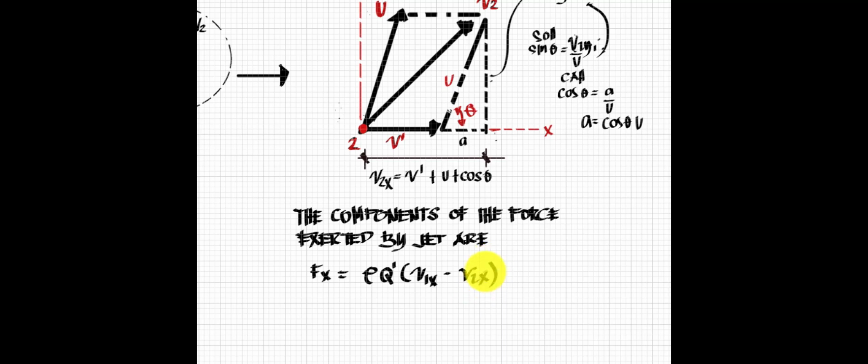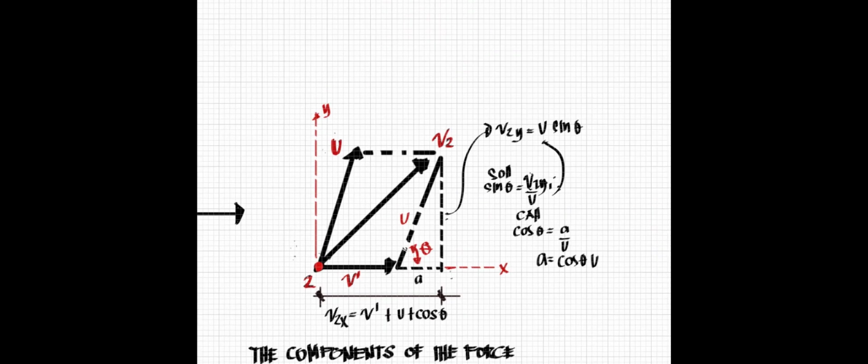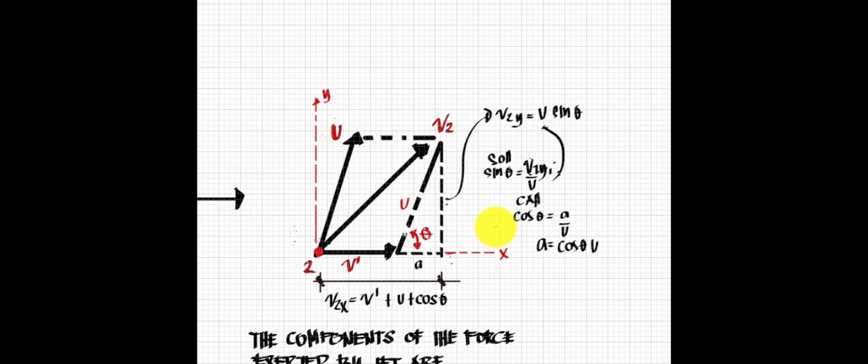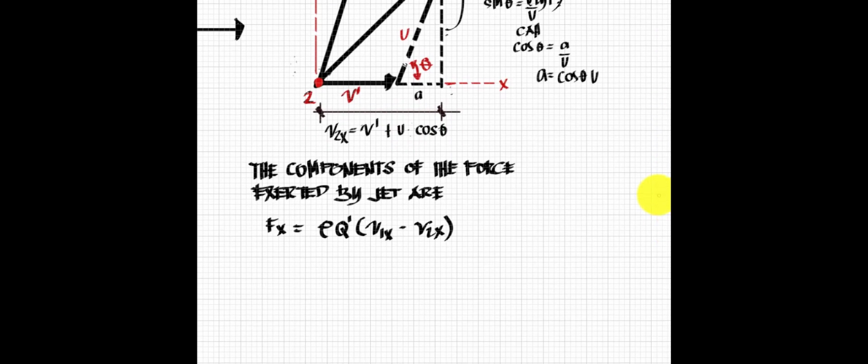The V2x that we saw earlier above, we have this one. That will be the V1 plus U, so I'm going to change this one, I'm going to erase this one. That will be U times the cosine of theta. So we have now the components of force along the x-axis.